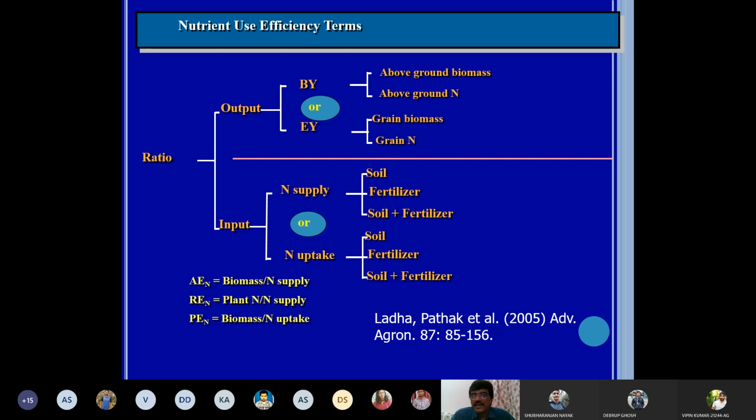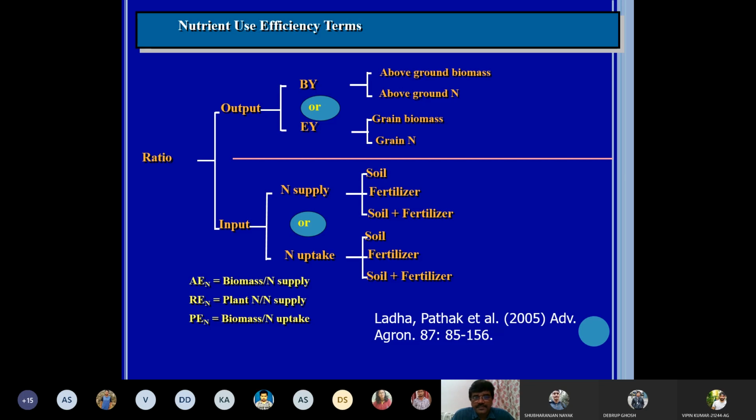Similarly, in economic yield, you can have grain biomass or grain yield and also grain nitrogen: how much nitrogen is removed or accumulated in the grain. So this is all about output. Depending upon the formula, you use them. Sometimes you can use above ground biomass, grain biomass or nitrogen.